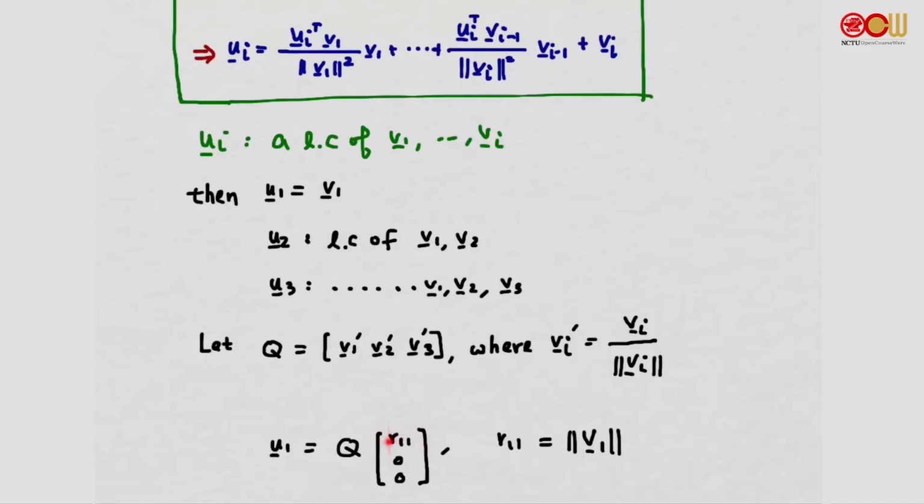And what is the first element? The first element would simply be the norm of v1.